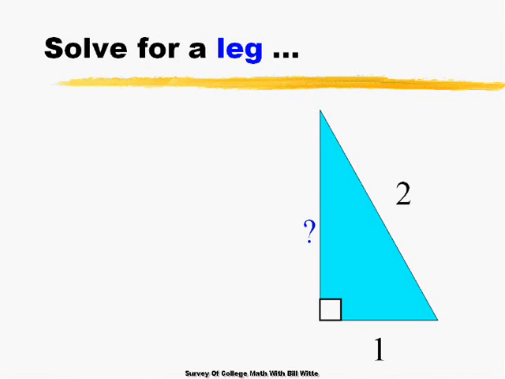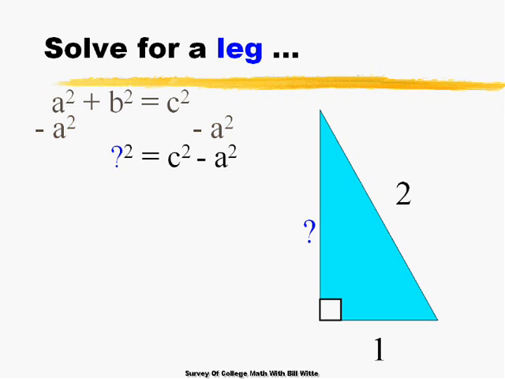Now, here's another example. In this case, you're going to use the Pythagorean theorem, but we're going to subtract, aren't we? Because we want to find a leg. So it'll be not a squared plus b squared equals c squared, but c squared minus a squared.